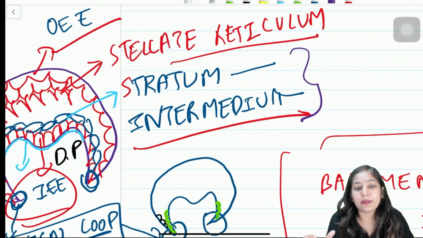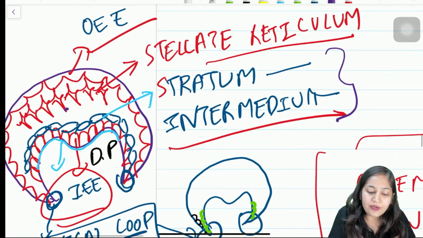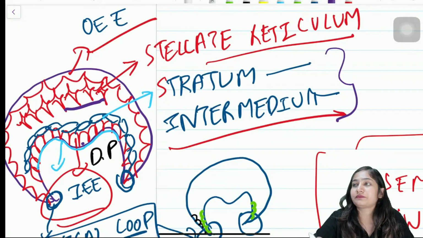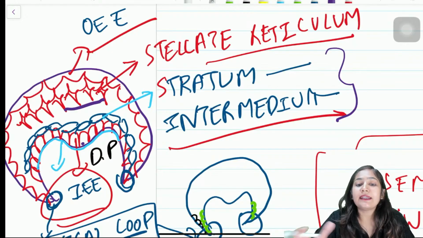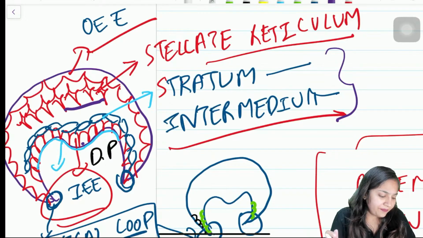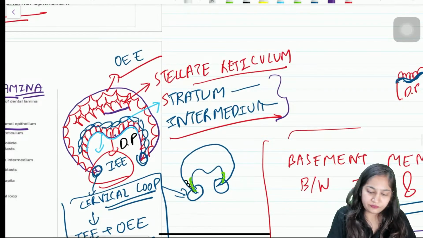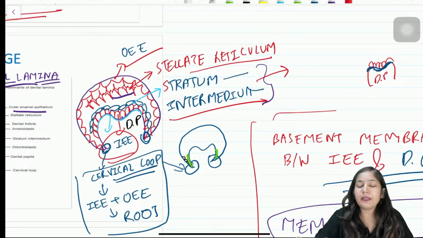So what is stratum intermedium? It is mainly made up of flattened squamous cells. It is present between the stellate reticulum and inner enamel epithelium. It is mainly associated with synthesis of proteins, and it helps in transport of nutrients. So what is the function of stratum intermedium indirectly?